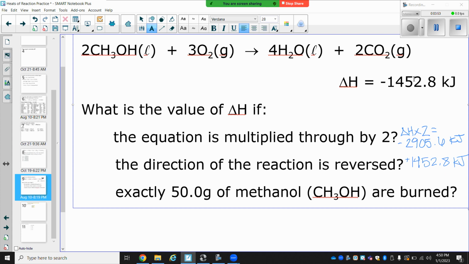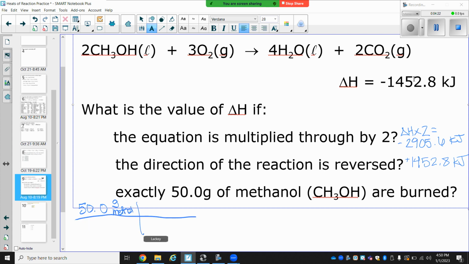Looking at the third problem, this goes back to some of the ones that we did at the very beginning of the part 1 video. Wants to know what's the value of delta H if exactly 50 grams of methanol are burned. So we would have to start with that 50 grams of methanol, and this is one of those stoichiometry problems. So 50 grams of methanol, I'm just going to abbreviate a little bit.